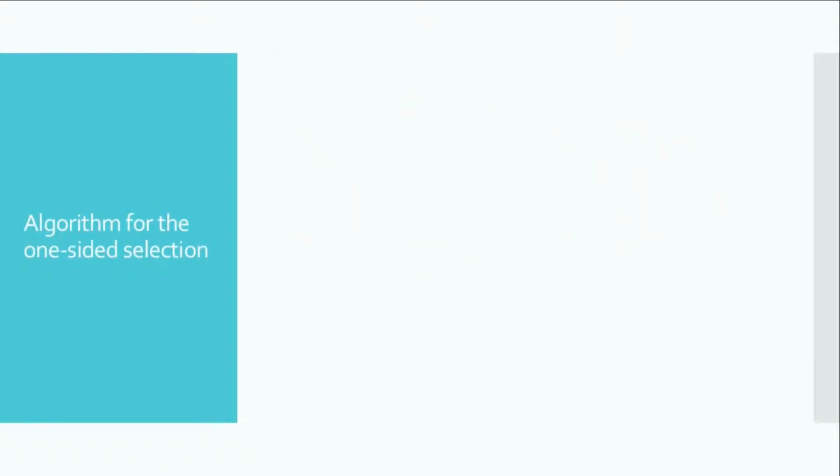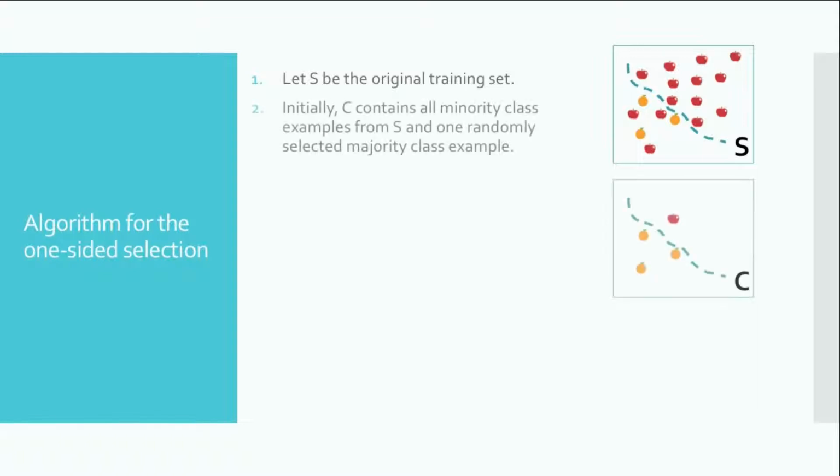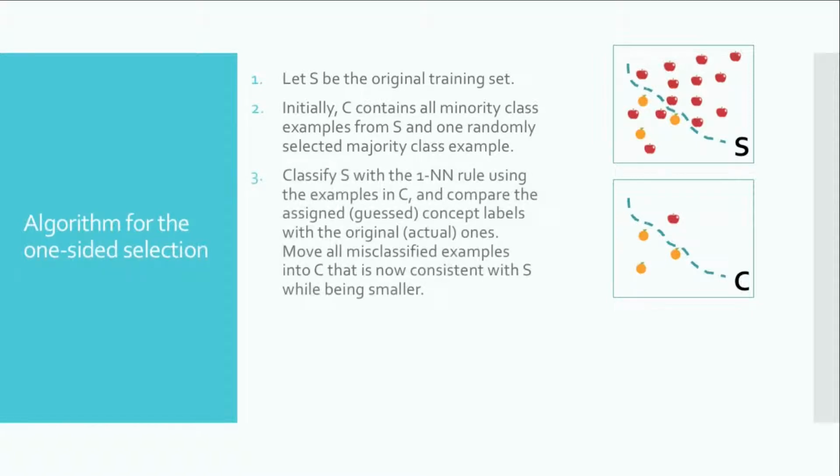It is time now to discuss the algorithm for one-sided selection. First, we start with the original imbalanced training set. Let's call it S. Next, a set C is created, including all minority class examples from S, and one randomly chosen majority class example. Using C as the training set, we classify S utilizing the nearest neighbor rule.